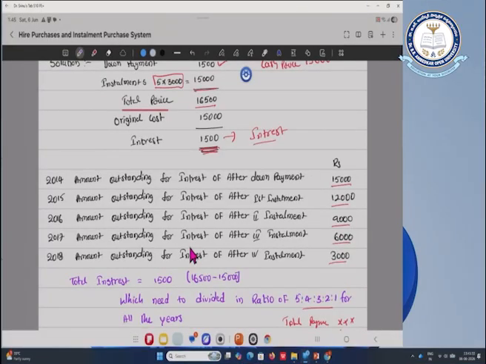For each year, how to calculate the interest? Based on the due amount only. So, first we have to calculate the due amount. First year, how much is the due? 15,000 is the due. After the first year how much we paid? 3,000 we paid. So, after 3,000 payment, what is the due? 12,000, that is the second year. After the second installment 9,000, after the third installment 6,000, fourth installment 3,000, fifth installment 0 balance. So, here I calculated the due balance only.